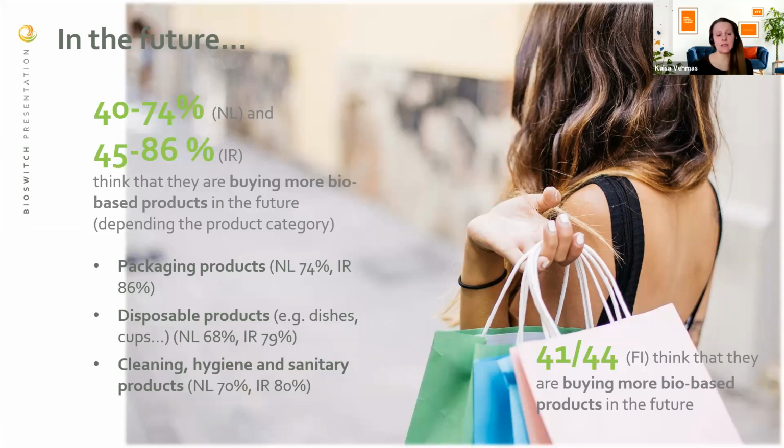And here again, packaging products produced from bio-based materials were the most interesting for them. And they also aim to consume more disposable products and cleaning, hygiene and sanitary products in the future. Next slide, please.